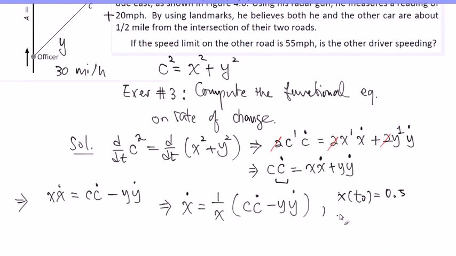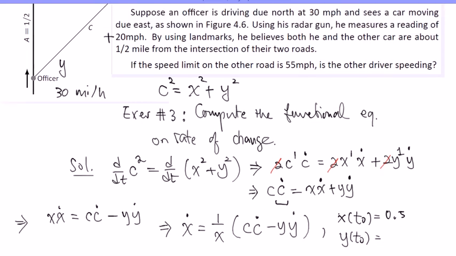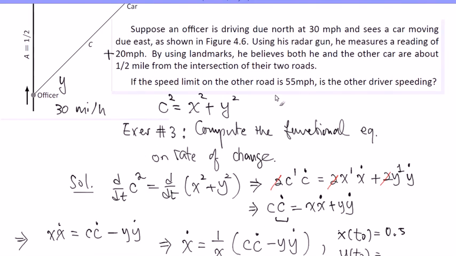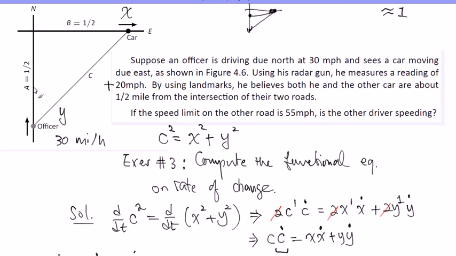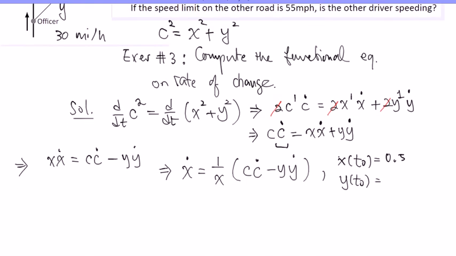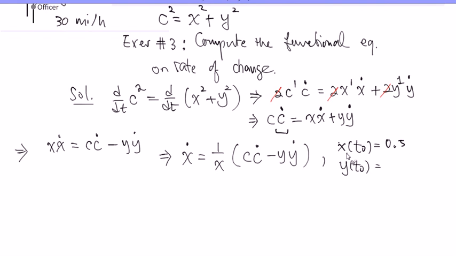And here you have to be careful. y of t0, what is that? It is the location of the police officer here, right? This is also 1/2, right? But 1/2 will be incorrect. What would be the correct answer? Negative 1/2 is down there, so you have to use negative 1/2. Important part, right?